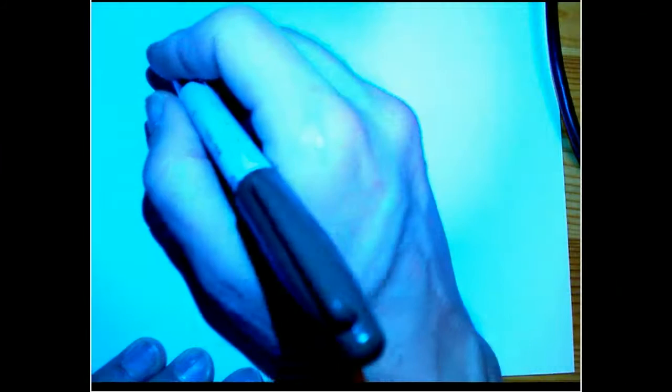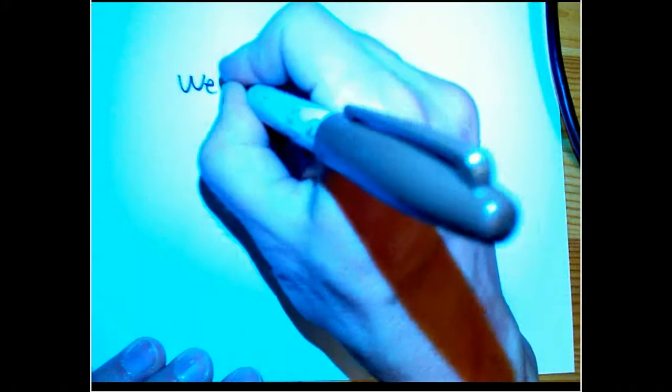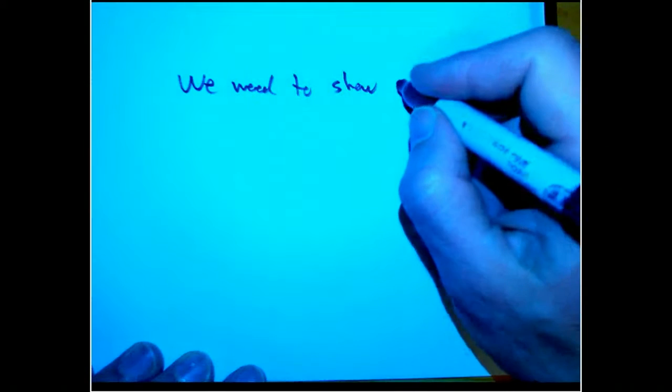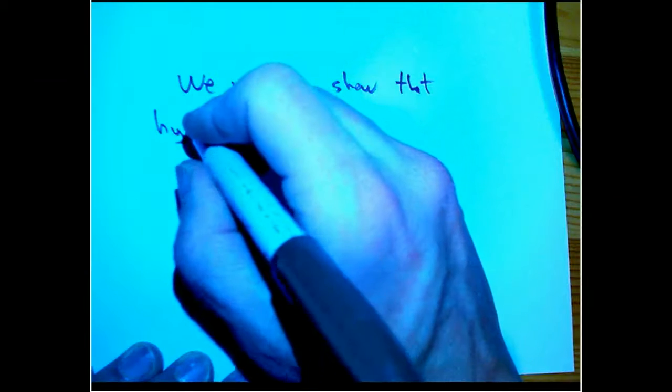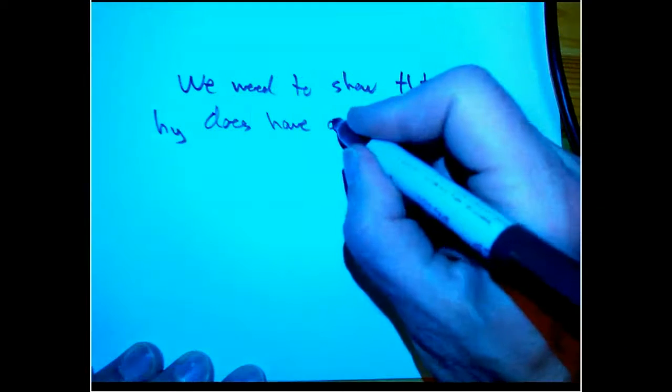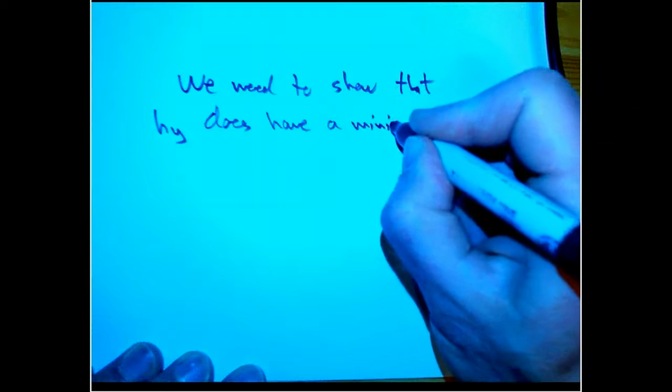Alrighty, so we need to set things up, and we're going to have some things to make more explicit. We need to show that h_y does have a minimum. Not every function has a minimum, right?